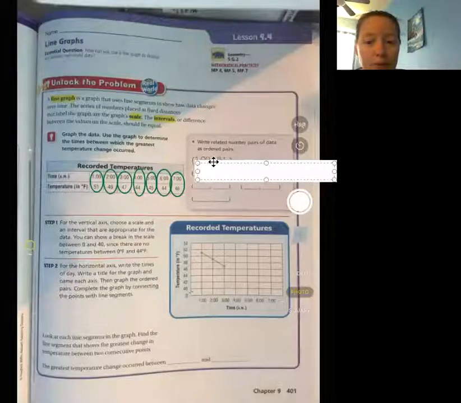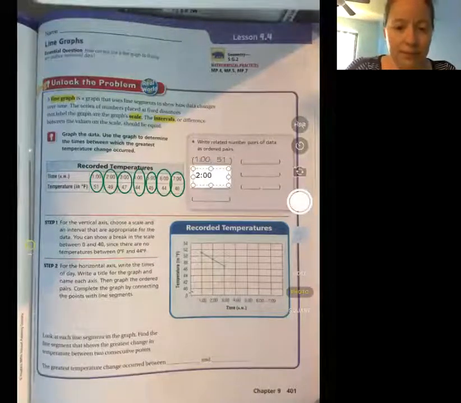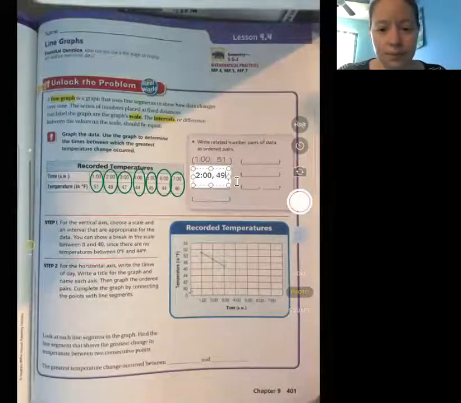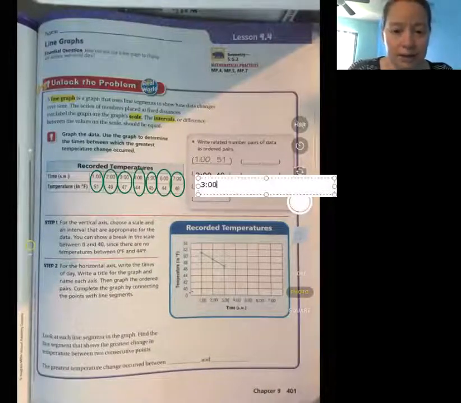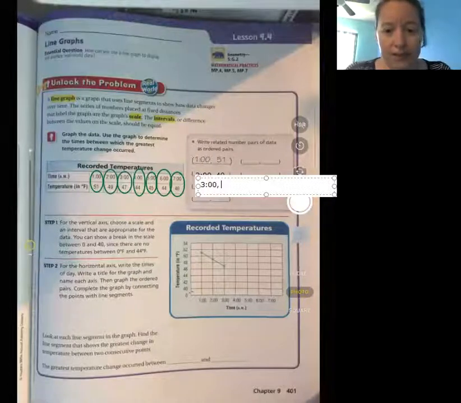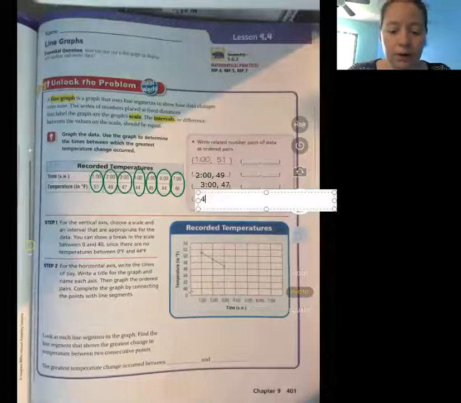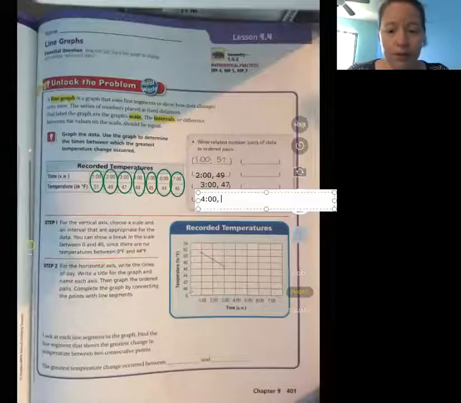Going to 2 o'clock, 49 degrees. And then 3 o'clock, 47 degrees. And then 4 o'clock, 44 degrees.